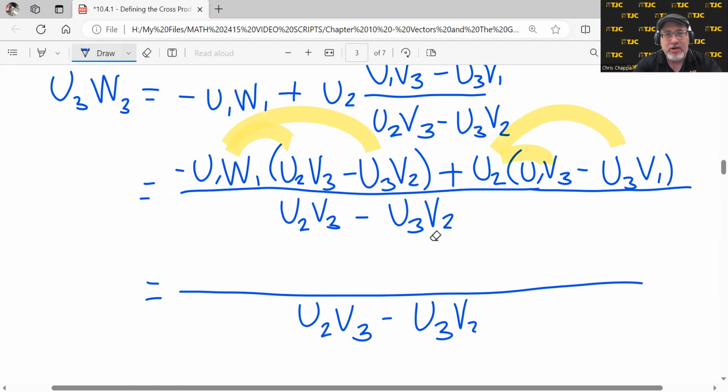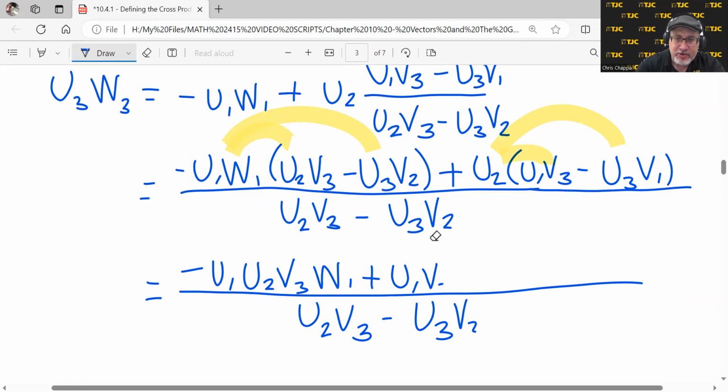The first distribution ends up being negative U1, U2, V3, W1. And the second distribution ends up being plus U1, let's put everything in numerical order, V2, U3, W1.